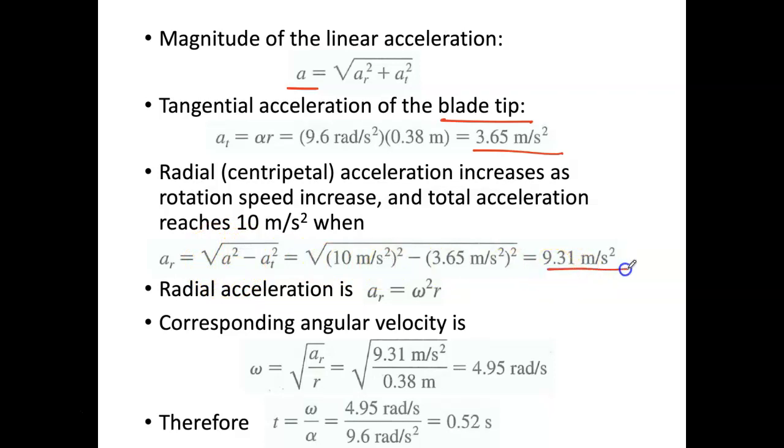If I do that, I get 9.31 meters per second squared for the radial, or centripetal, acceleration. My corresponding angular velocity is 4.95 radians per second from the equation that we have here. And so now we can see that it takes about 0.52 seconds for it to speed up like that.